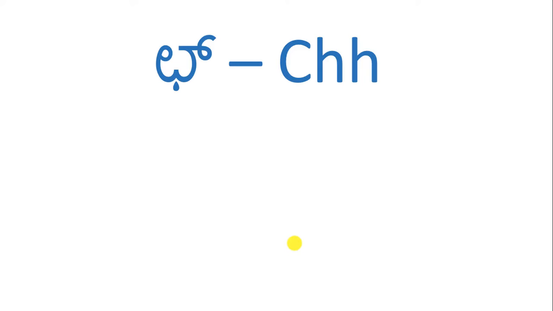The previous one would be ch. This would be ch. You are adding more oomph to the previous one. Now I cannot give you an example in English because I do not know any. If you know, that is wonderful, and you can leave it in the comment section. But then let us see how to write it.